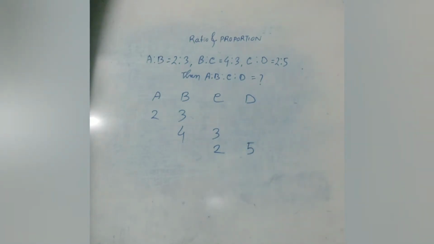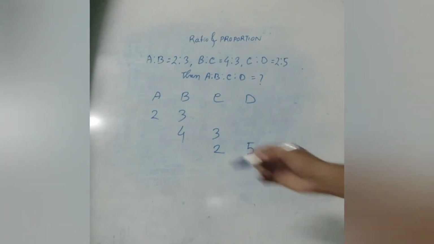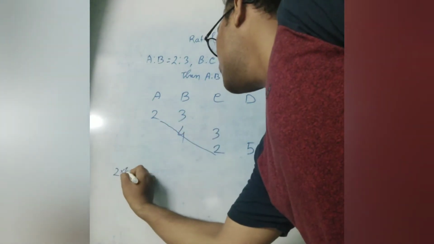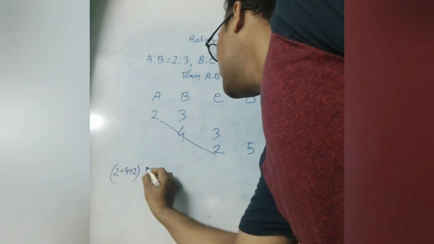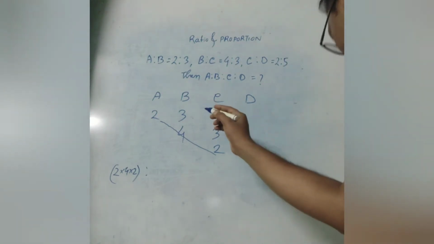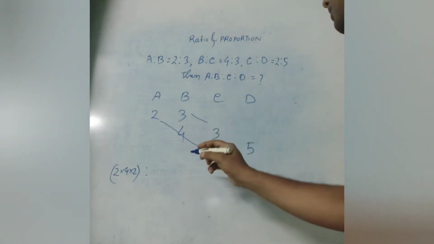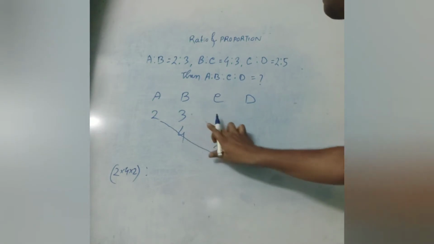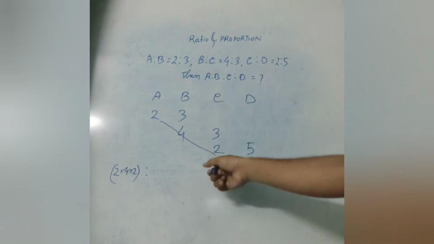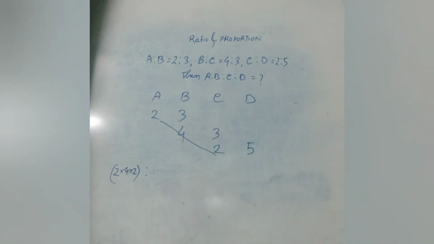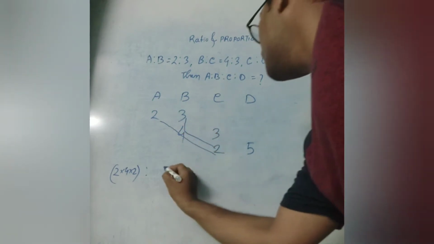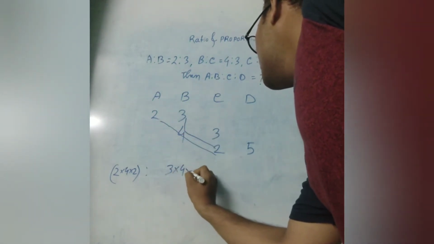So now we can easily calculate by multiplying with this rule. A is 2, 4, 2. This is our A. B is 3, 4, 2, that is 3 into 4 into 2.